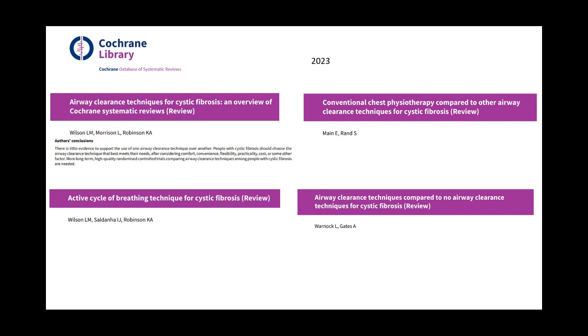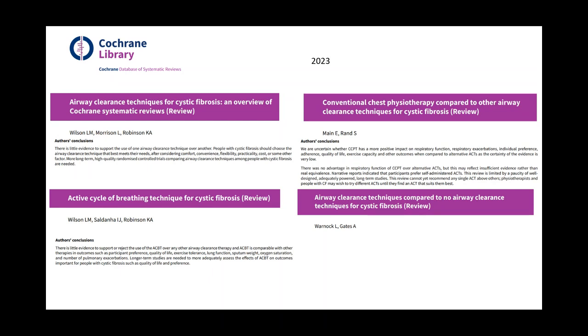I think that's really important. When it looks specifically at the active cycle of breathing techniques as one technique, there's little evidence to support or reject that this technique is superior compared to other techniques. And individuals basically should choose what technique they prefer.